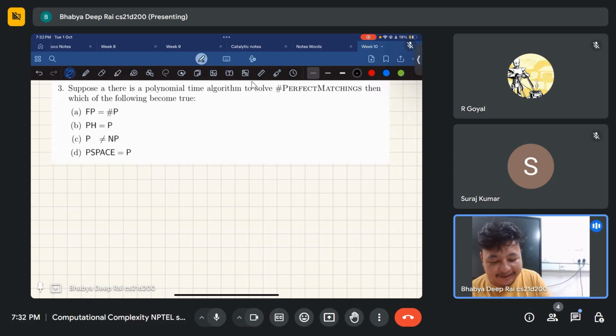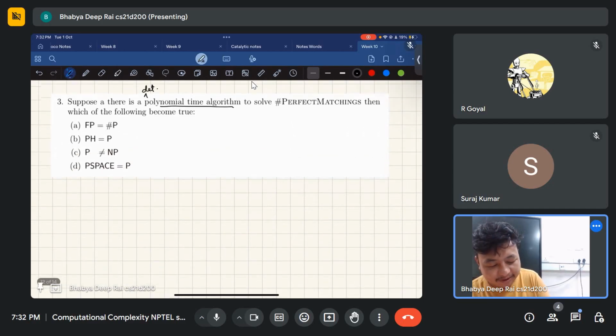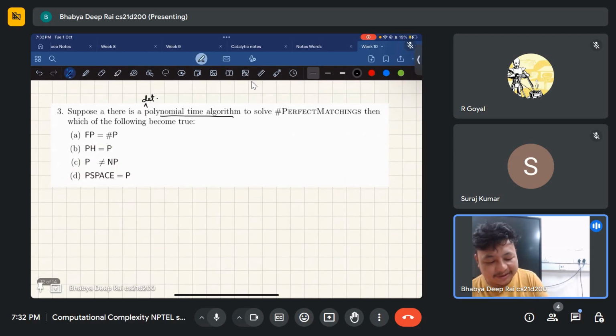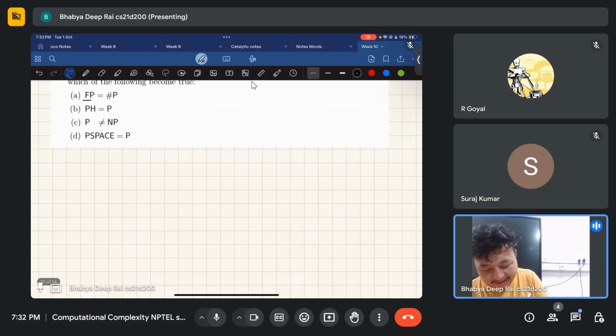As soon as you say there is a polynomial time algorithm, by polynomial obviously we mean deterministic, to solve Sharp-Perfect-Matching, a deterministic polynomial time algorithm that solves the search problem or counting problem, whatever, is exactly what FP is. So as soon as you have that, trivially Sharp-P is contained in FP.